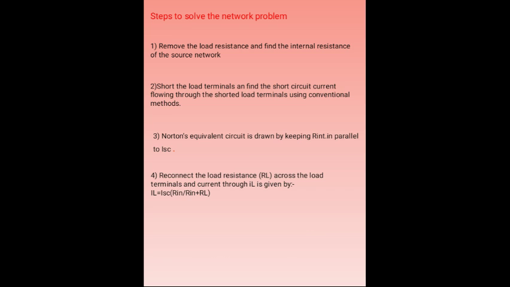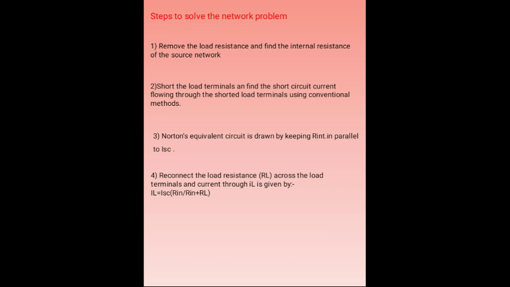Second step is to short the load terminals and find the short circuit current flowing through the shorted load terminals using a conventional method. It means to find the value of short circuit current or source current.